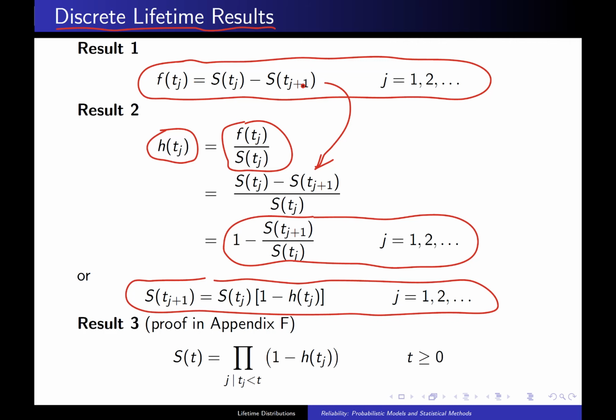Finally, the last result, which again involves survivor functions and hazard functions, and this is proven in Appendix F of the book. S of t is the product over all j such that tj is less than t of 1 minus h of tj, once again for t values greater than 0.